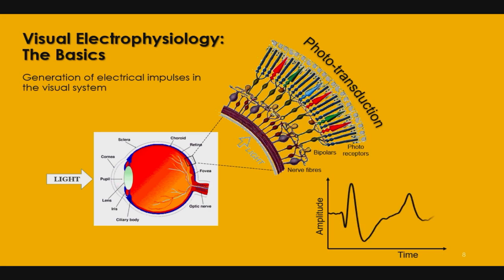Okay. Now, if you want to measure these signals, ideally, what we should do is take 2 pins and stick them into the retina. But nobody will let you do that.